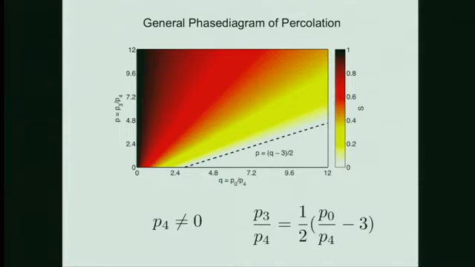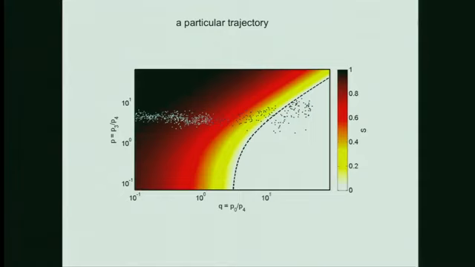On the right you have non-percolated systems. On the left you have percolated systems, and the color coding tells you how big the fraction is. And of course, you have particular trajectories, and we haven't checked whether they cross a specific point or not. They simply cross it at some point, as we already knew in the first place.